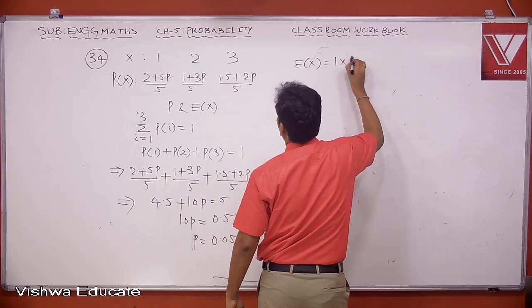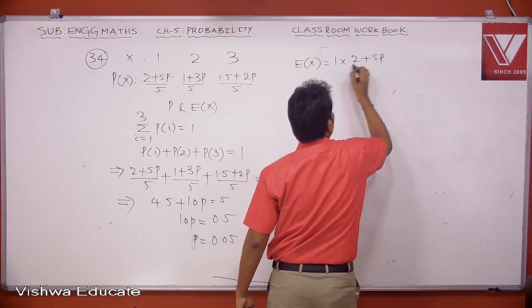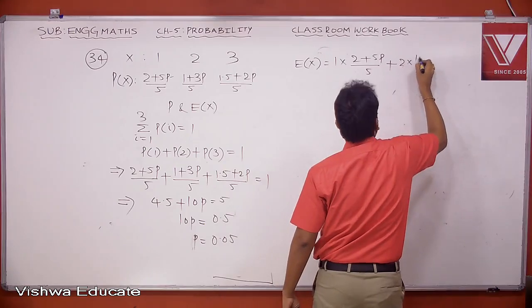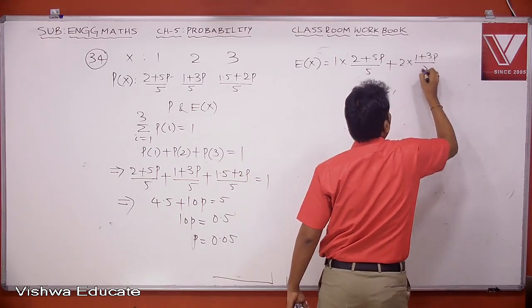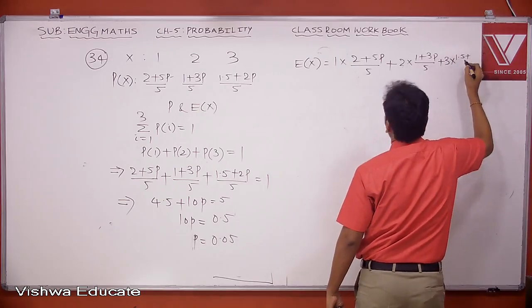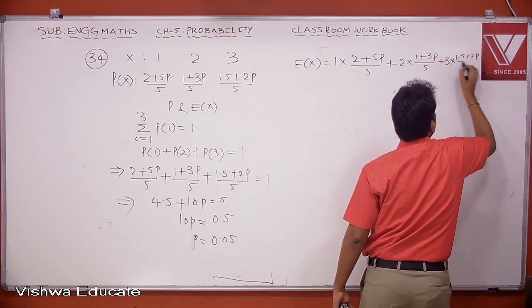So 1 into 2 plus 5p by 5, plus 2 into 1 plus 3p by 5, plus 3 into 1.5 plus 2p by 5.